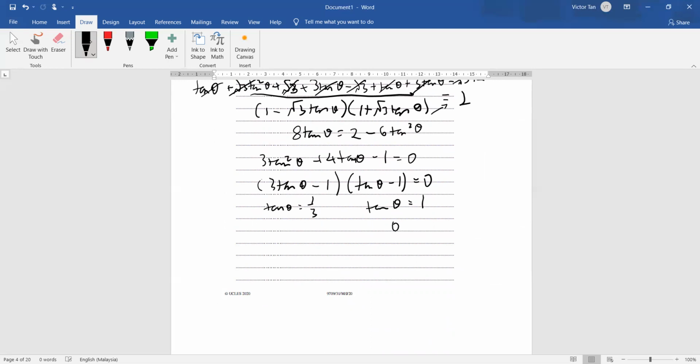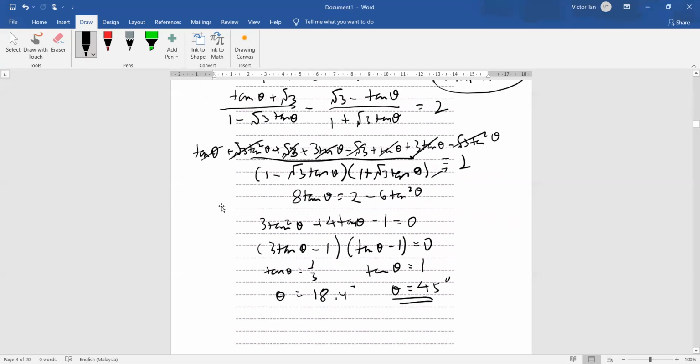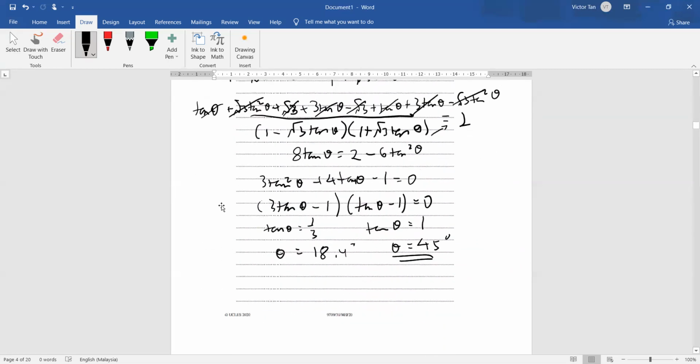Check the calculator: 18.4 degrees. I made a mistake from my factorizing. It will not be so easy.